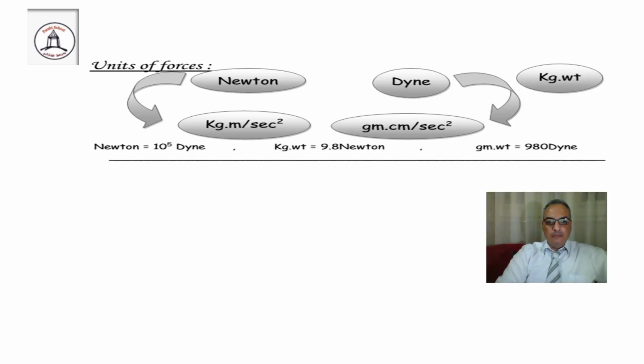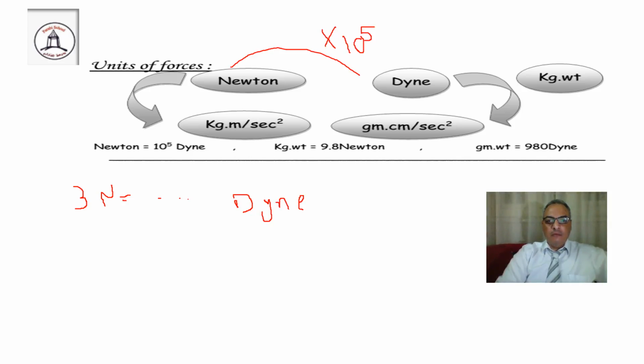For example, 3 Newton equals blank dyne. To convert from Newton to dyne, multiply by 10 to the power 5. Keep the units of measuring forces in your mind.